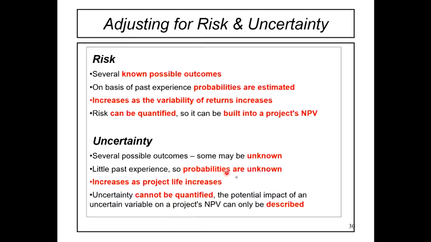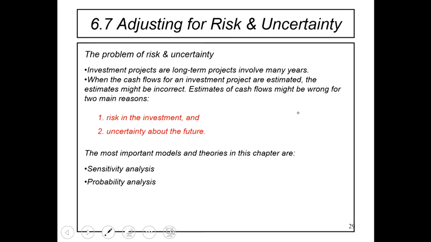So probabilities are unknown. Increases as project life increases. Uncertainty cannot be quantified. Okay, kalau risk ni dia can be quantified. So it can build into a project's NPV. So that's why bila ada risk, kita akan gunakan sensitivity analysis as well as probability analysis.